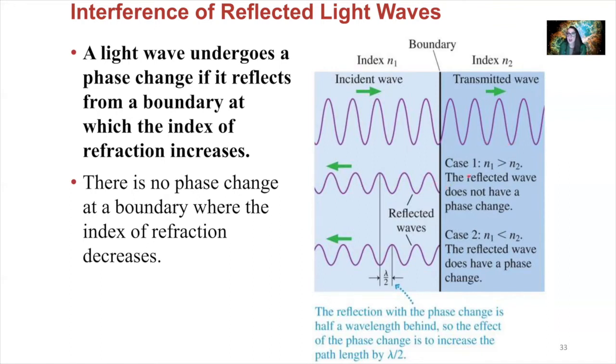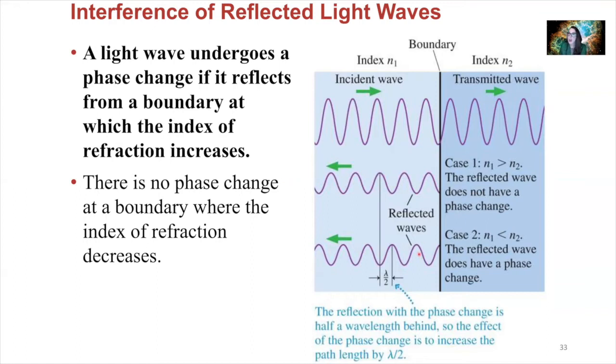Now, if the index of refraction through which the light is moving first is greater than the index of refraction of the second material, then our reflected light wave does not have a phase change. The light that comes in has the same pattern as the light that comes out, with the crests where the crest should be, the troughs where the trough should be. That same waveform gets reflected back in the same way.